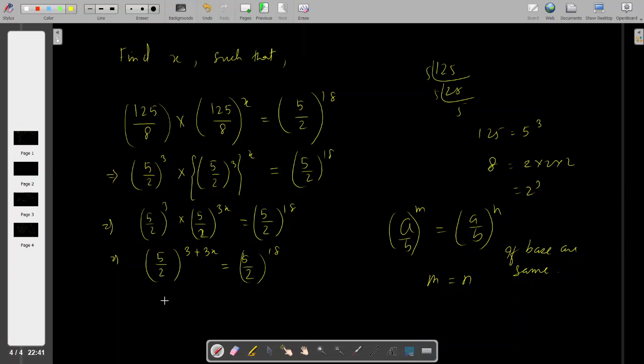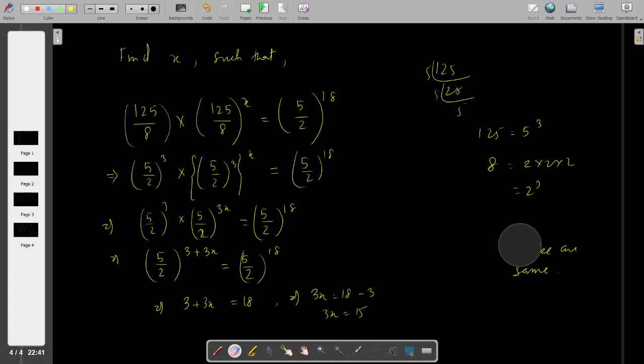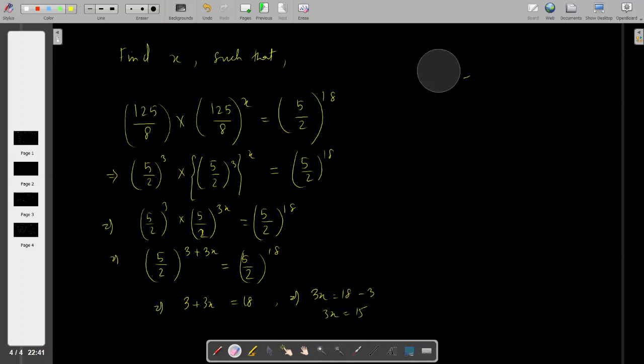So here (5/2), (5/2), we can directly put 3 + 3x equals 18. So solve this. Your 3x equals 18 - 3, so 3x equals 15. Then x equals 15/3, that is 5. So you have got the value of x, that is equal to 5.